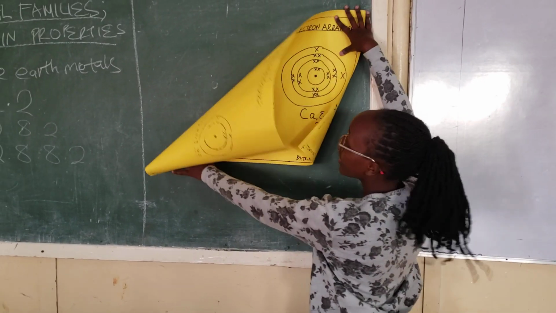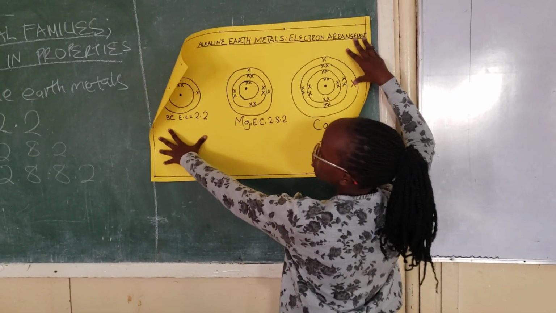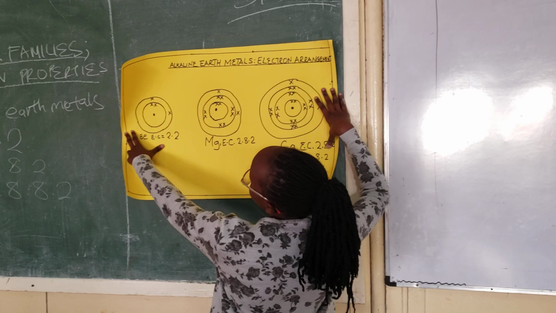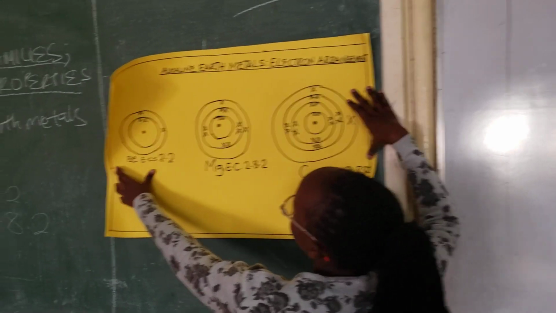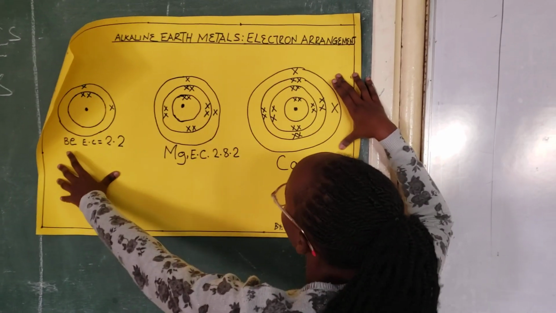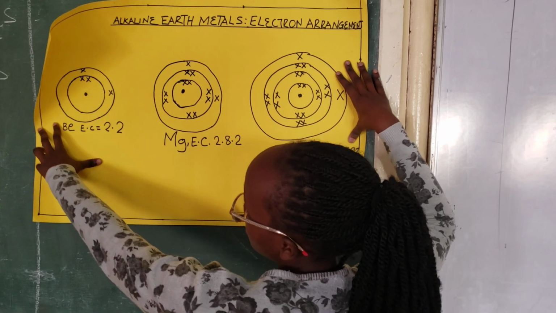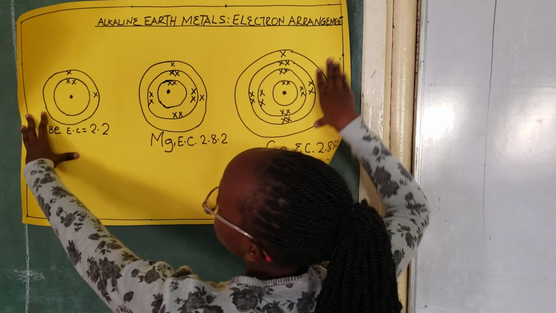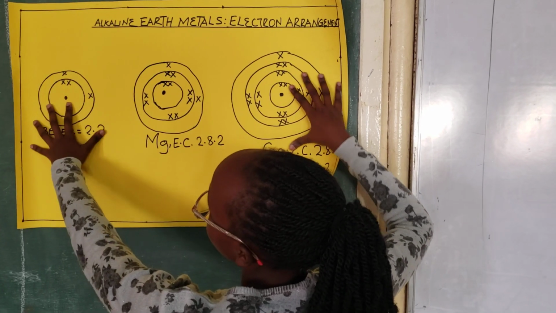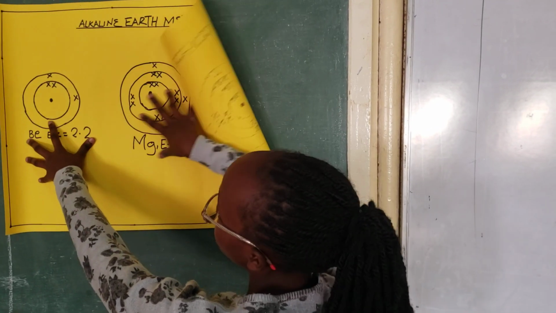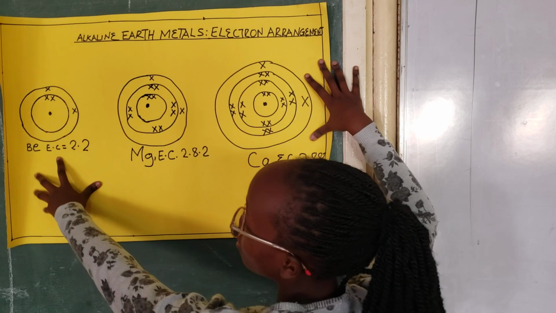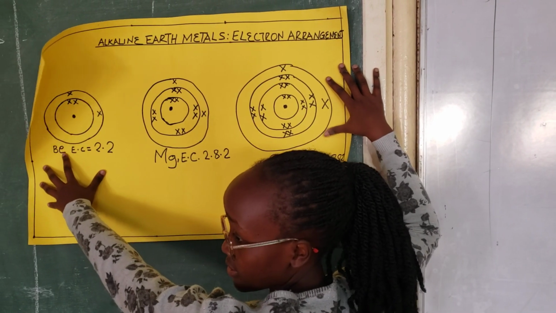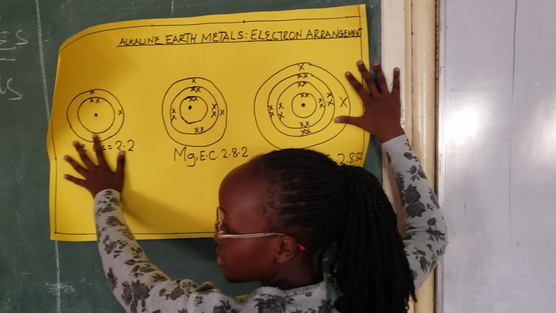Today here with me, I have a chart that shows the electron arrangement of alkaline earth metals. I would want you to see what is common, and predict the electron arrangement of these metals. What can you say about it?